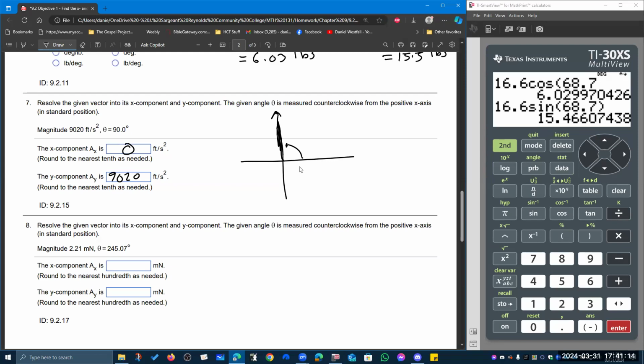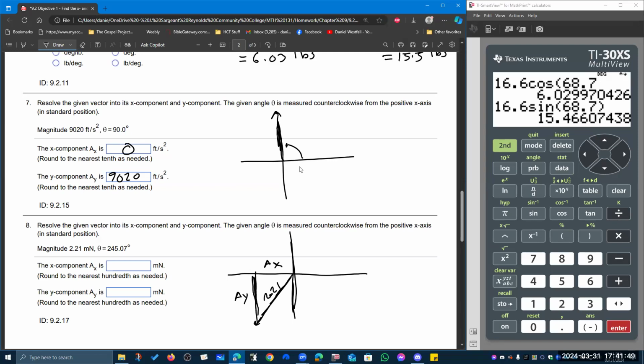And let's look at this last one, of an angle of 245.07 degrees. It's going to be a little bit down here, like so, and 2.21. We're going to call this a sub x and a sub y, and they're both going to be negative because it's in quadrant 3.